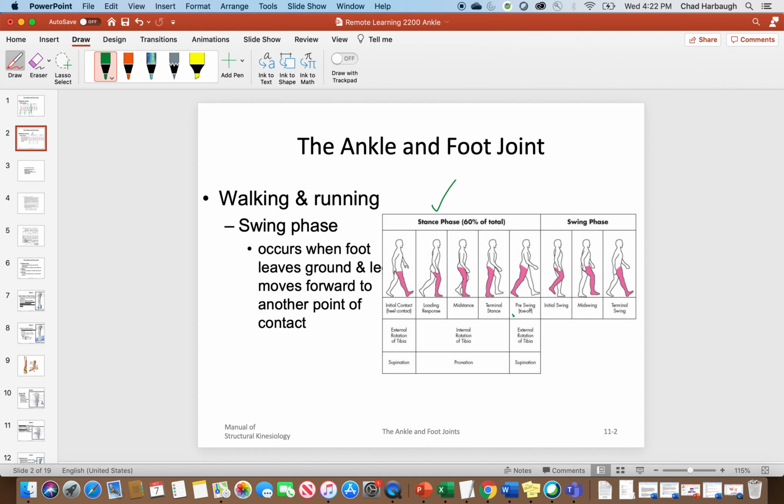So here, they're still in that pronated phase, so they're carrying it over into the pre-swing phase. We also see individuals who are over-supinated. So we see individuals who are carrying the supination, which is plantar flexion of the ankle, adduction of the talus, and inversion of the forefoot.